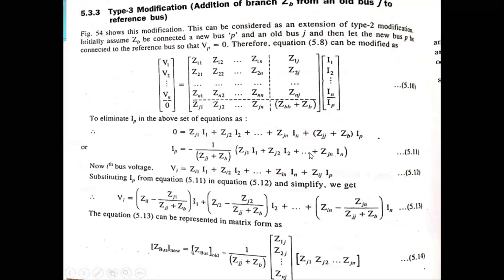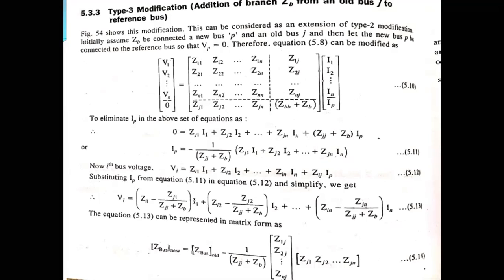Next, coming to the type 3 modification. This can be considered as an extension of a type 2 modification. Assume ZB is connected between a new bus P and an old bus J, where J is the old bus.